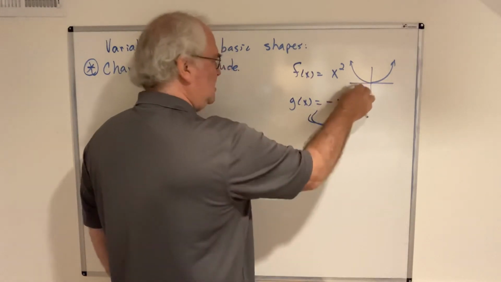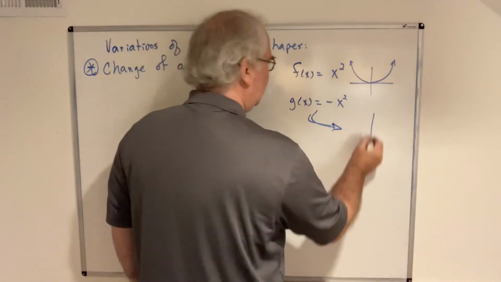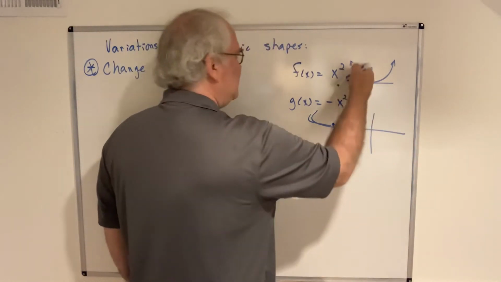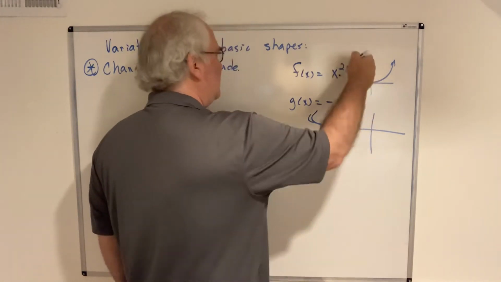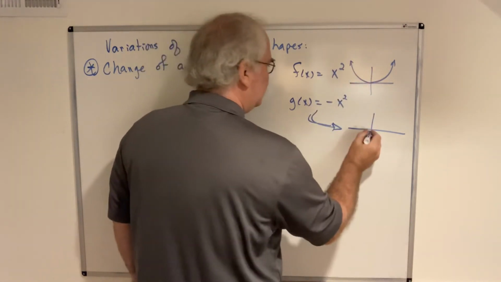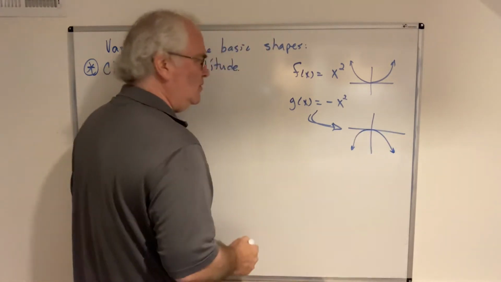Remember, this alters the picture in a set and predictable way. What is the set and predictable way? Well, what was above the axis becomes below the axis. What was below the axis becomes above the axis. And so this is the same picture, but upside down, if you will.